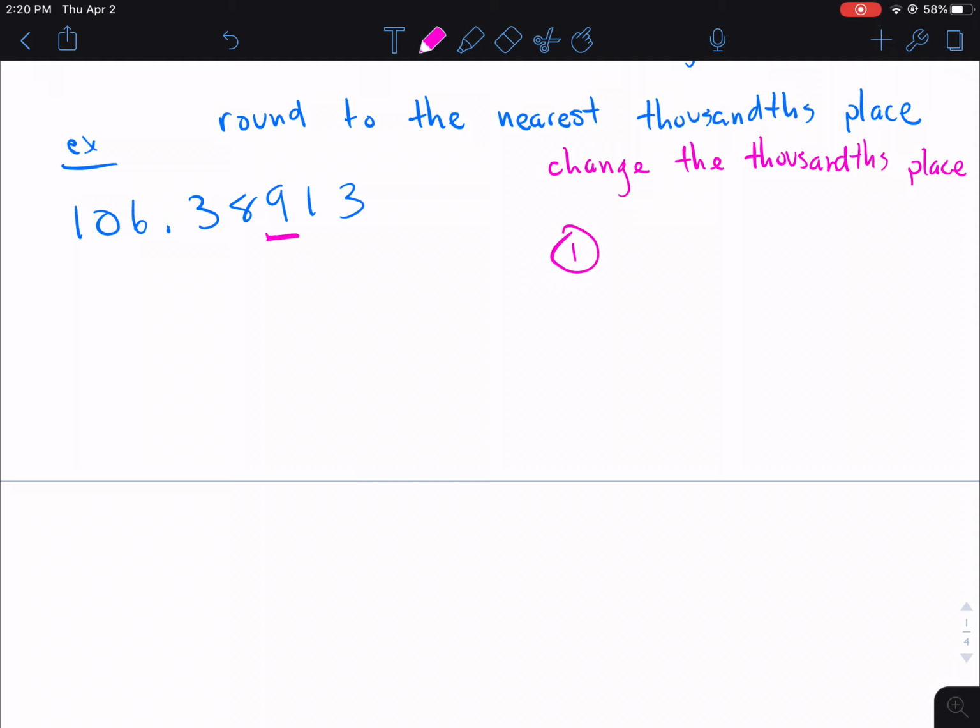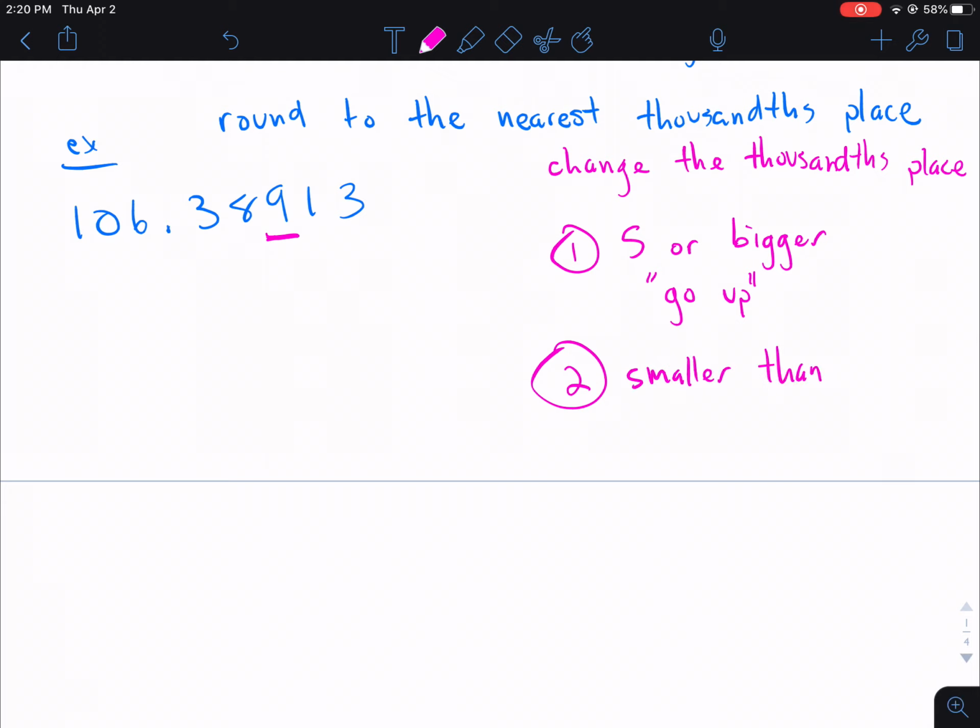So our two rules. Number 1: 5 or bigger, go up. Number 2: smaller than 5, stays the same.